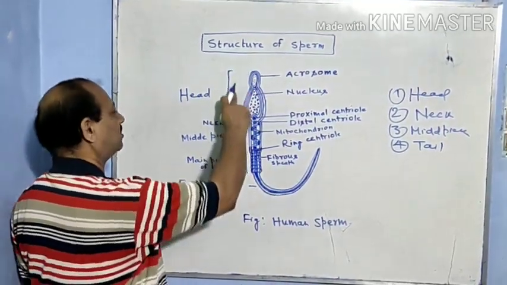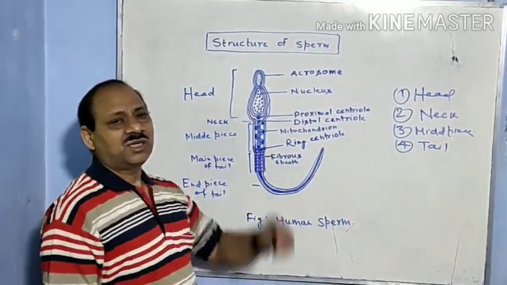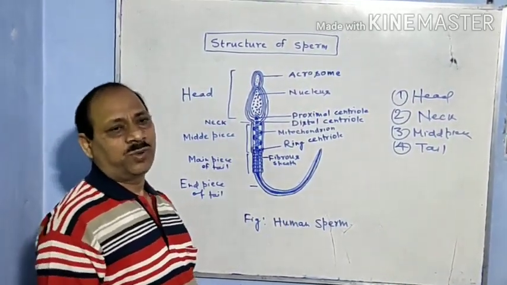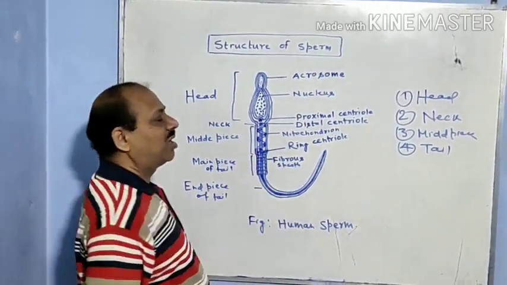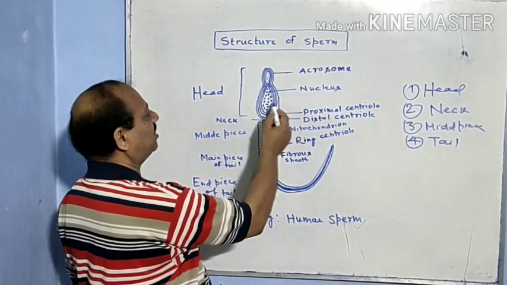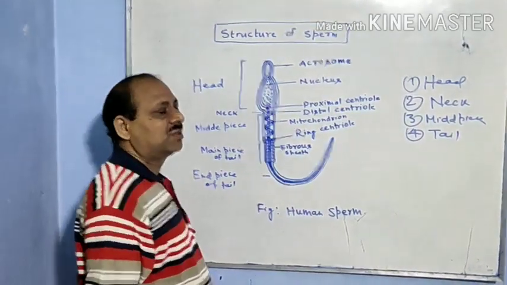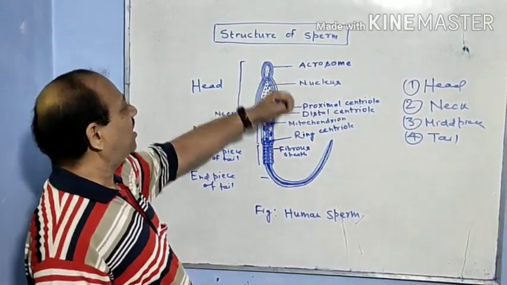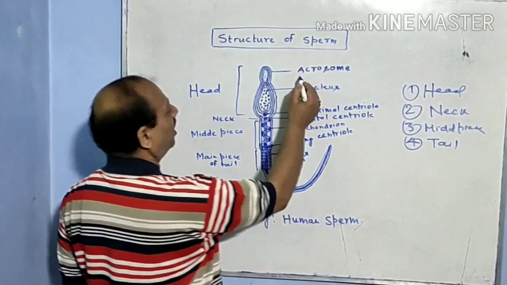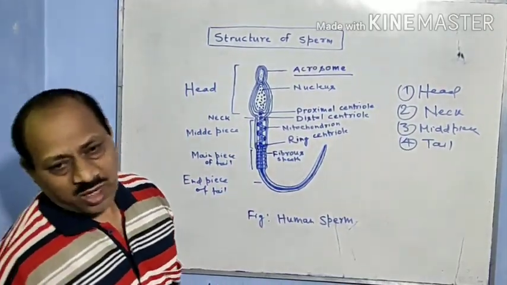This part is known as head. It is an elongated part. It contains large nucleus. You can see in the figure. This is nucleus. And it contains a cap-like structure known as acrosome. What is acrosome?